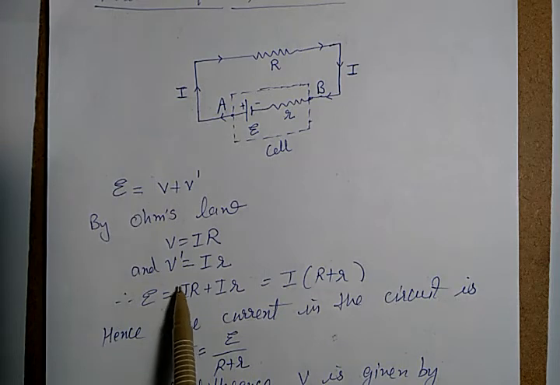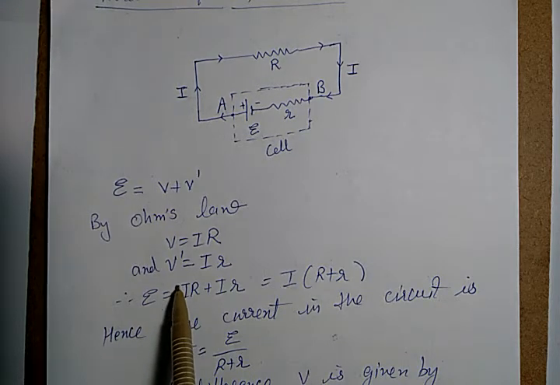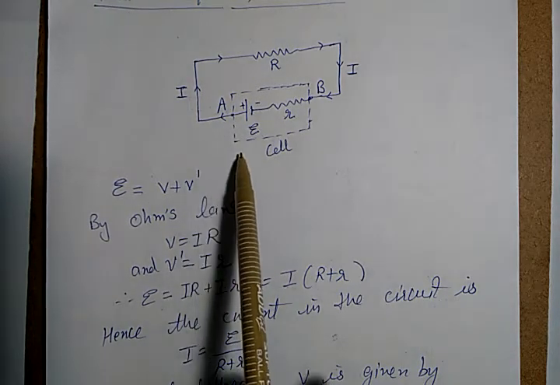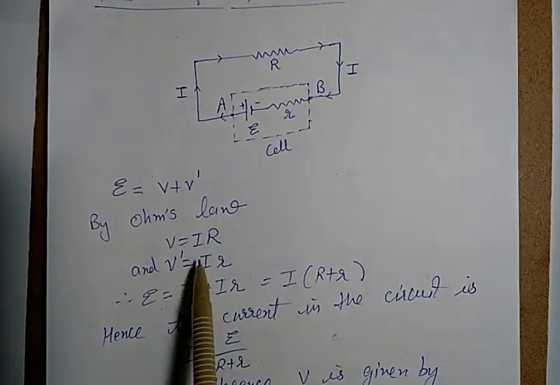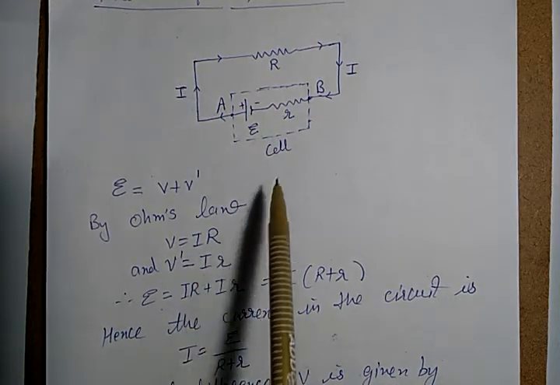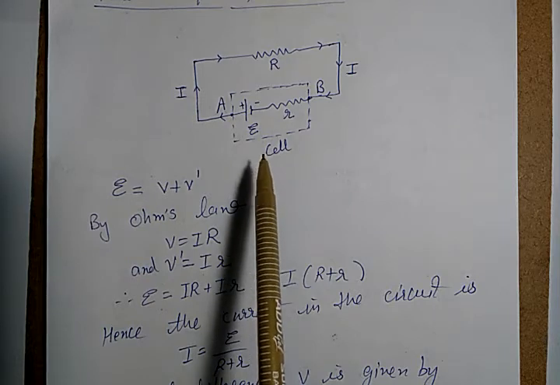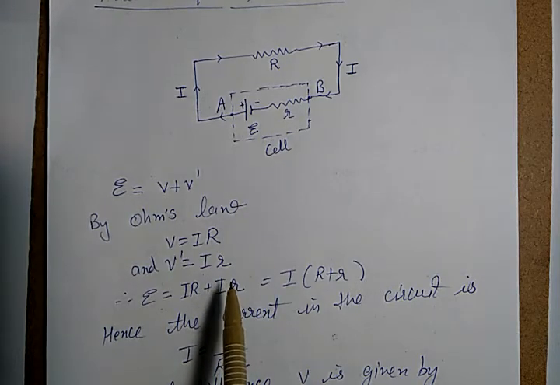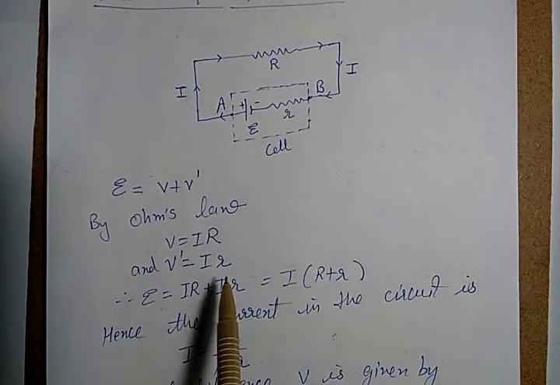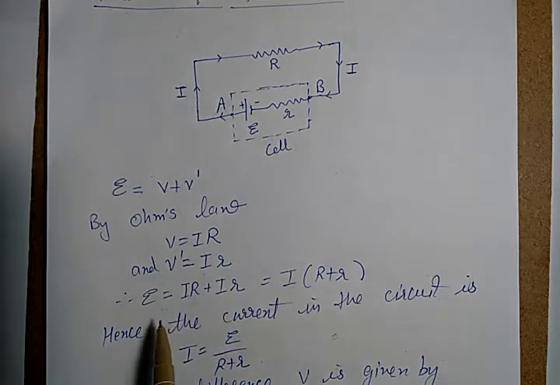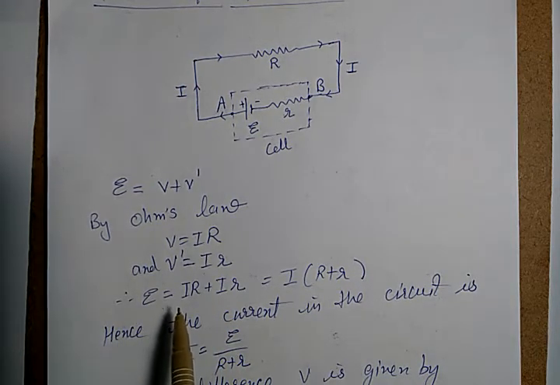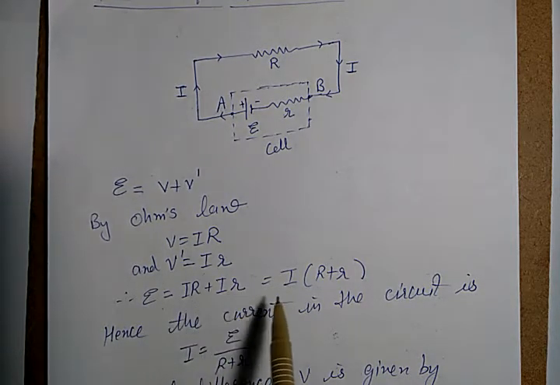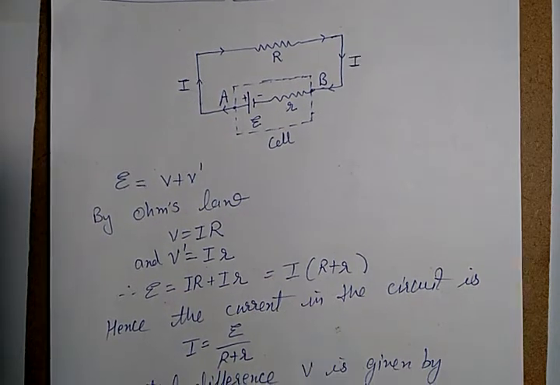V dash is the potential difference between terminal A and B, and this is equal to Ir, where the current I is flowing through the cell, and small r is the internal resistance of the cell. So therefore E is equal to IR plus Ir, and this is the relation.